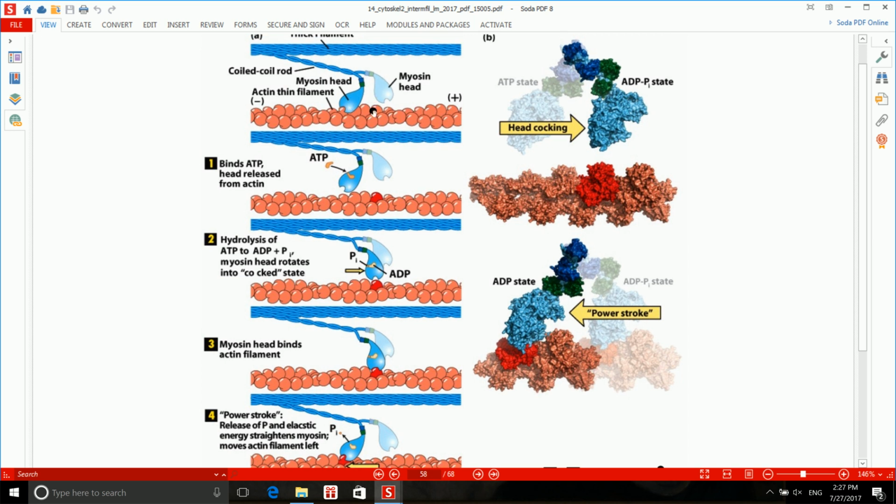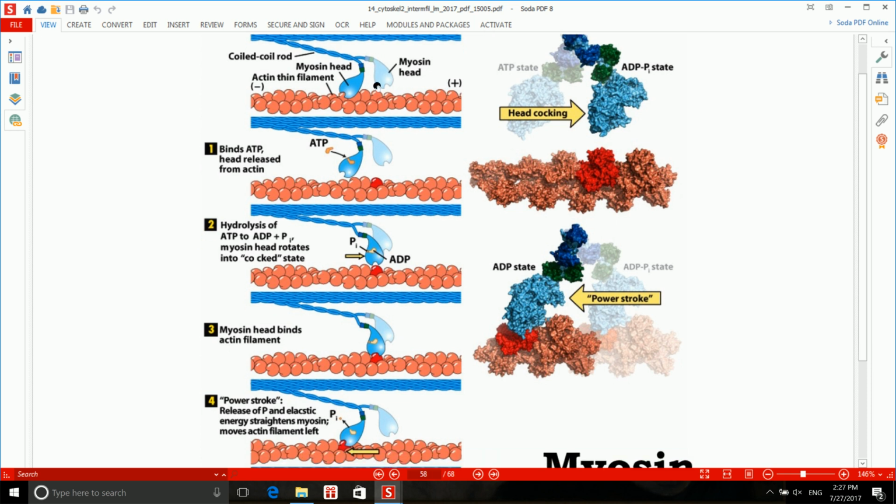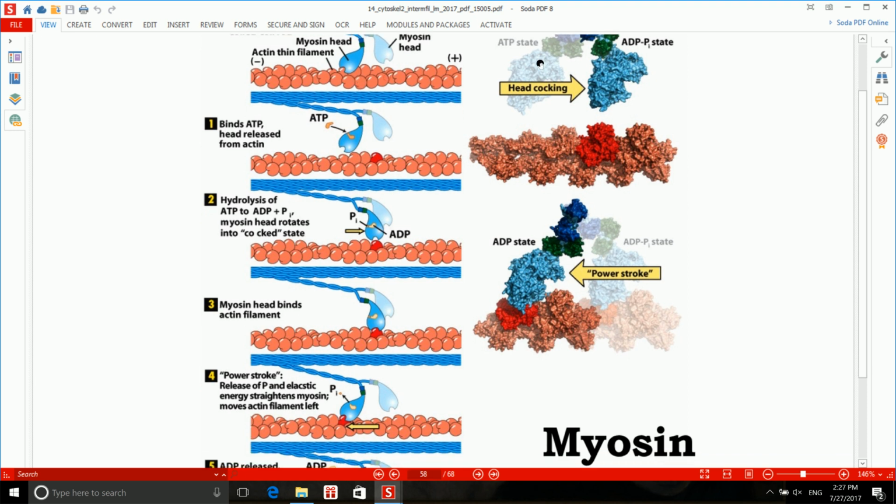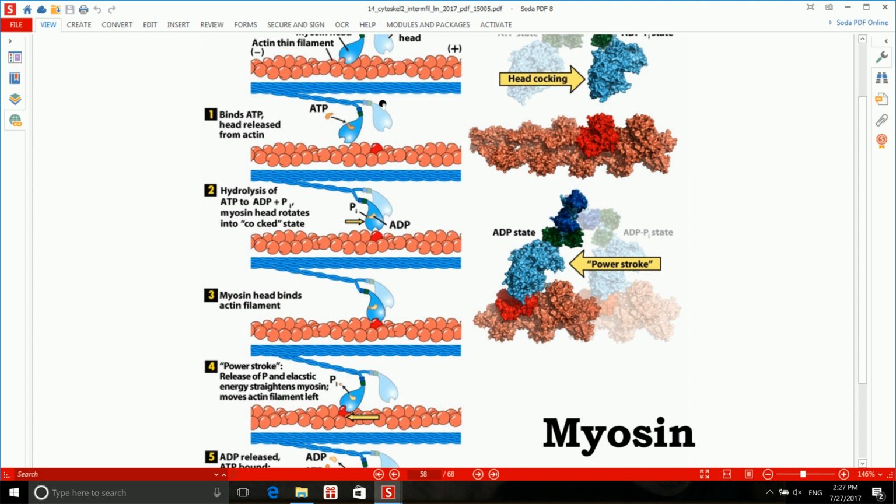And how this attachment, pulling and detachment cycle works is due to, well, yes, you guessed it, phosphorylation. So again, I don't think they ask you about the details of phosphorylation, but since we're only talking about this slide, let's talk about these details. It's not that hard to understand.